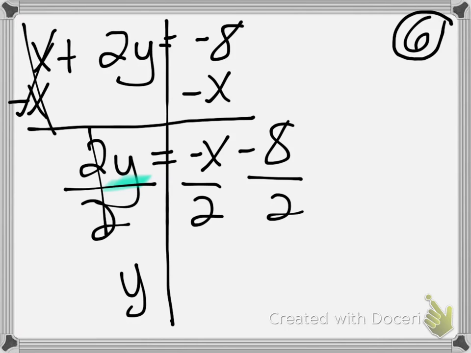Everything. Y equals, remember that if there's not a number in front of the x, it's a 1. So 1 divided by 2 will stay as negative 1/2 x. And then 8 divided by 2 is going to become 4. So there's our slope-intercept form for number 6.